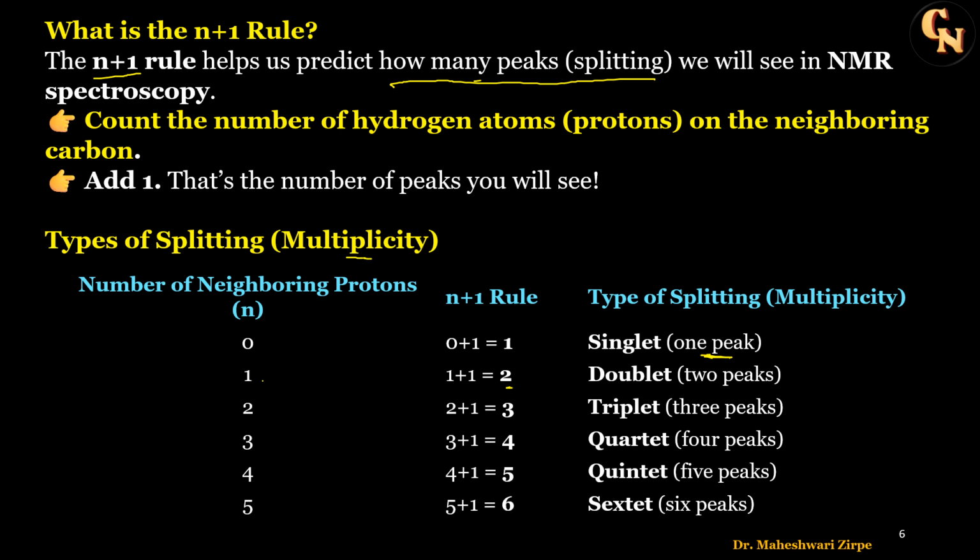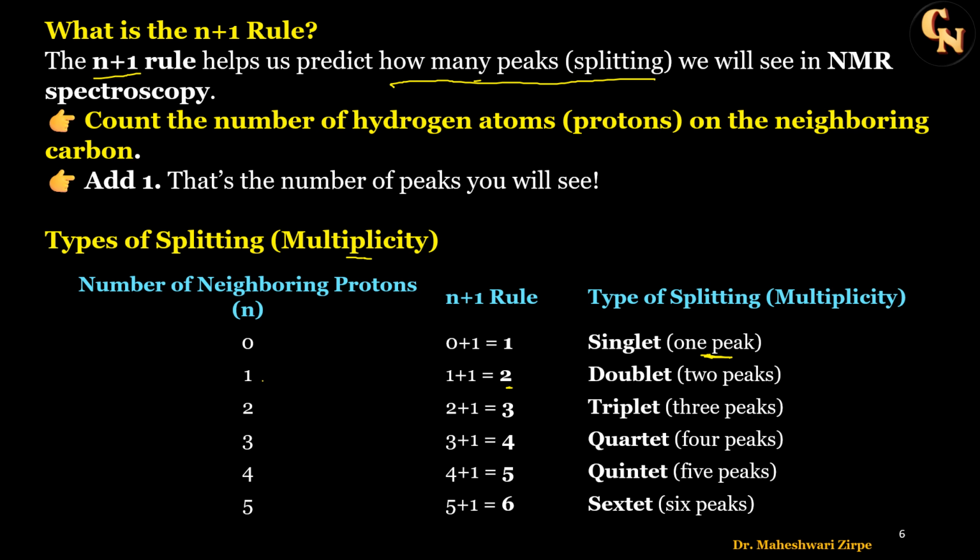Triplet indicates 3 peaks. Similarly, 3 plus 1 gives 4, which is called a quartet, that is 4 peaks. Then if the neighboring carbon has 4 protons, you may wonder how 4 protons can be on the neighboring carbon; with examples we can understand this. One proton can have 4 neighboring protons also. 4 protons plus 1 is 5, that is a quintet, so 5 peaks.